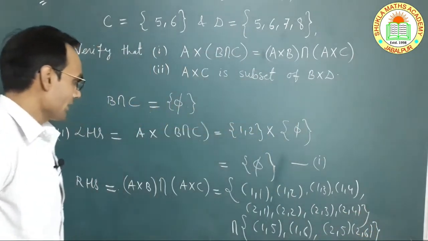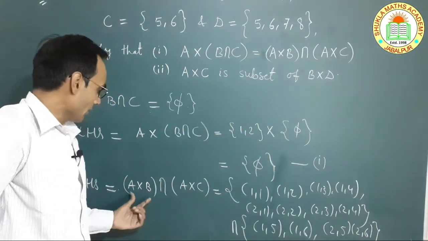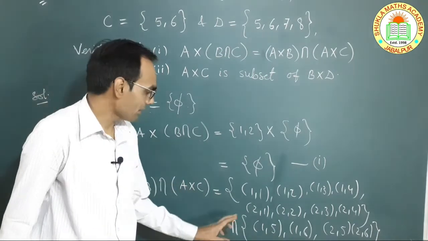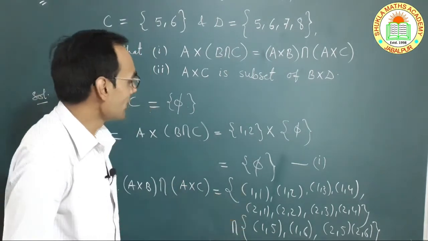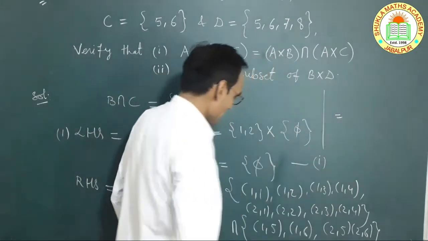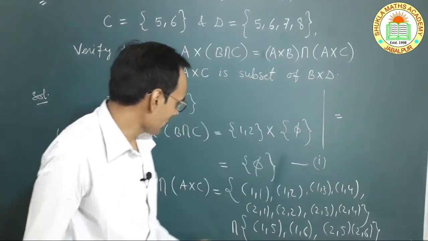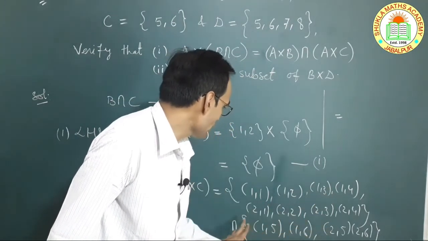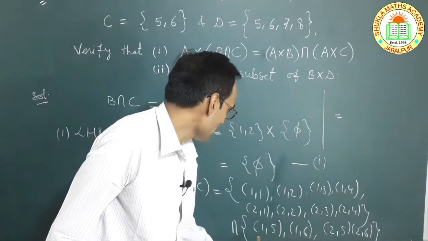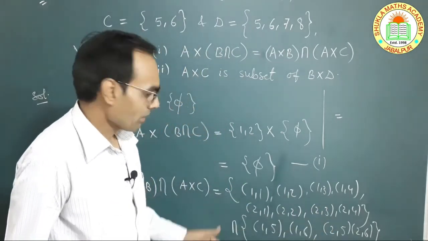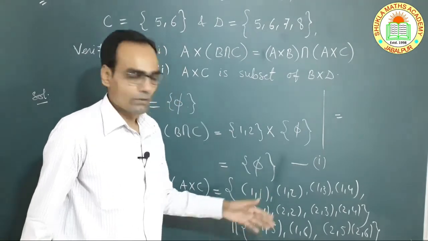Okay. So this is the value of A × B and A × C, and after that we will take the intersection of these two sets. Clearly, the elements are (1,1), (1,2), (1,3), (1,4), (2,1), (2,2), (2,3), (2,4), (1,5), (1,6), (2,5), (2,6). So all the elements are different.